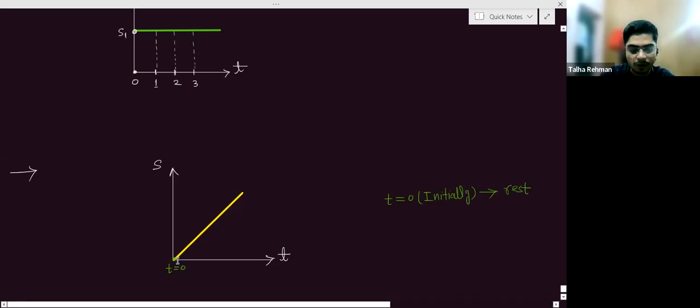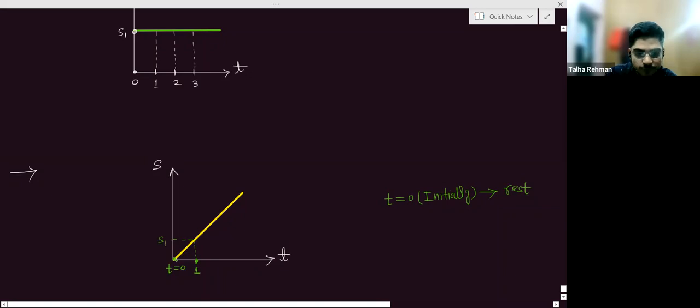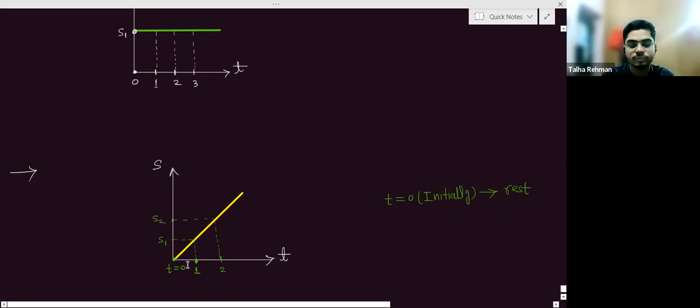Now after a time, suppose at t is equal to 1, the displacement is s1. Suppose after 2 seconds, the displacement becomes s2.